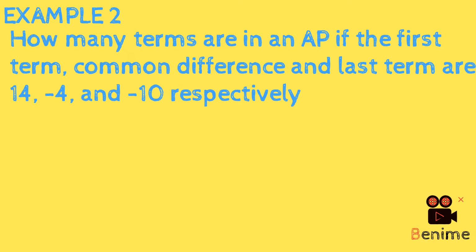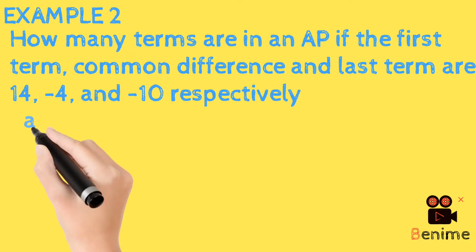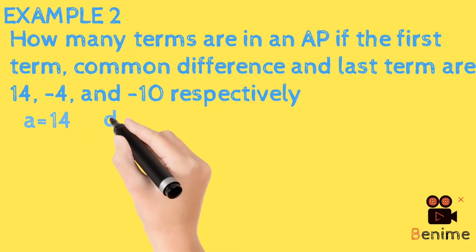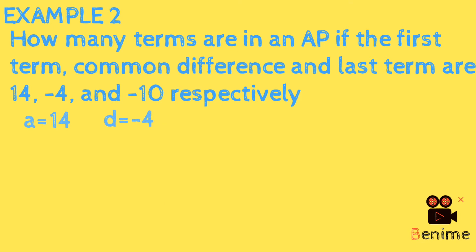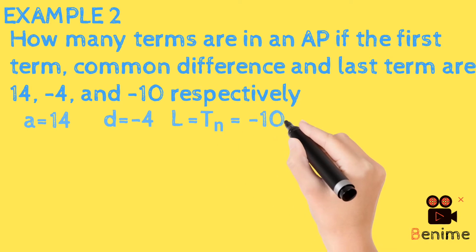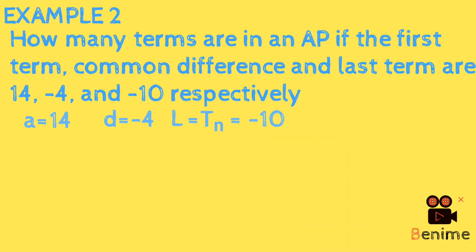So they gave us the first term, that's A, which is 14. They gave us the common difference, D, which is minus 4, and they gave us the last term. This last term you can represent with Tn, the nth term. So the last term represented with Tn is minus 10. So we have A is 14, D is minus 4, Tn is minus 10.